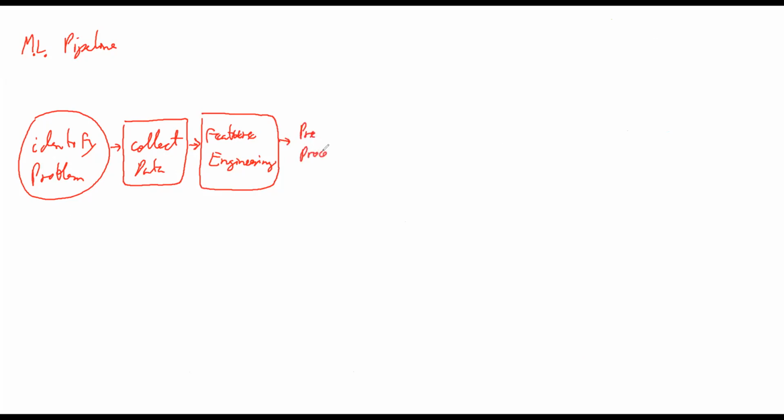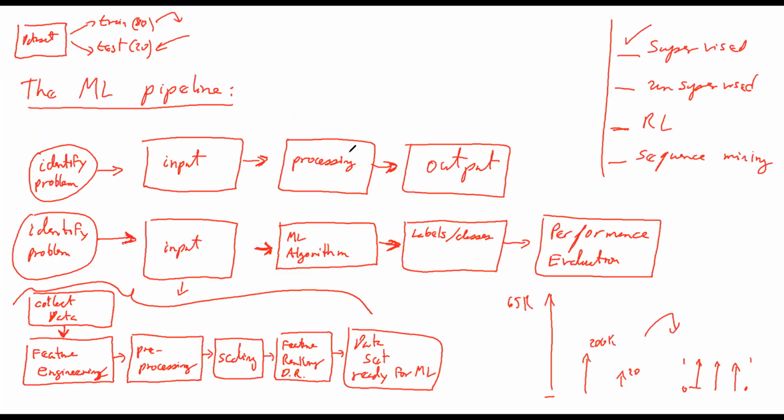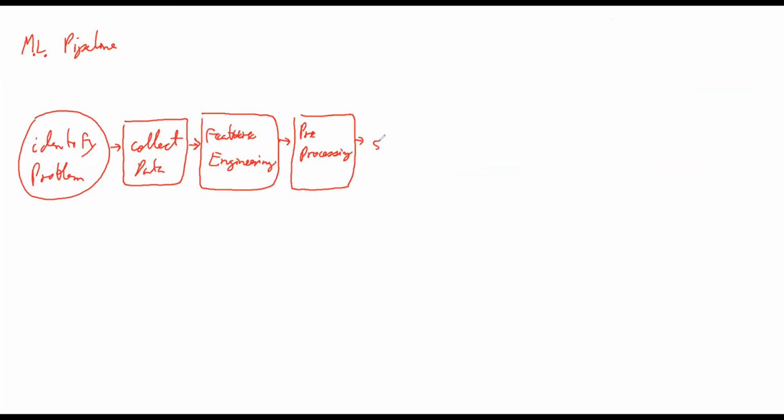Pre-processing is a lot of things. I'll show you guys a few things in that box at some point as well. But that could be a lot. Scaling. And I didn't even mention anything about managing the labels, but managing the labels would actually be in here.